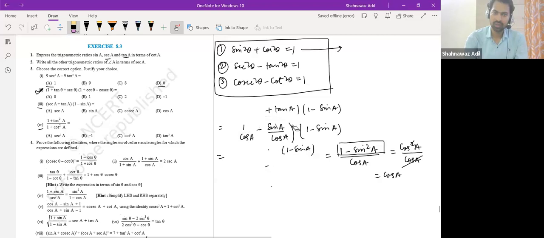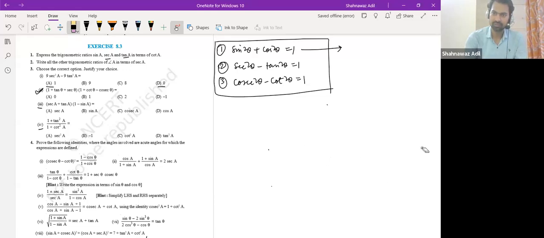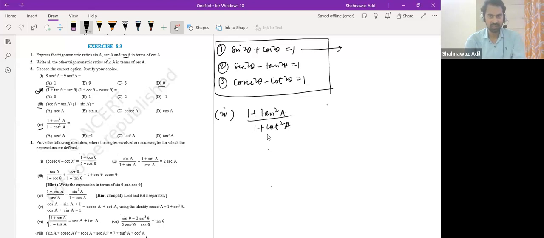So now let us erase this and solve the next question. The fourth one: 1 plus tan square A divided by 1 plus cot square A. So remember these are direct ones, so no need to change it into sine and cos.